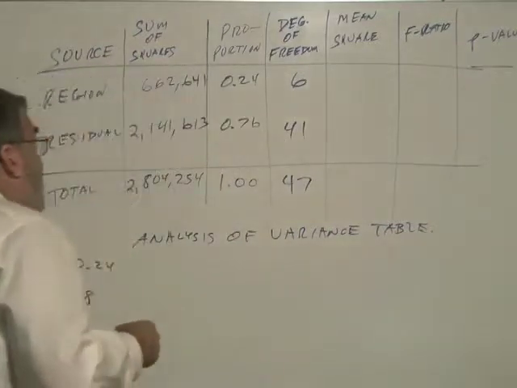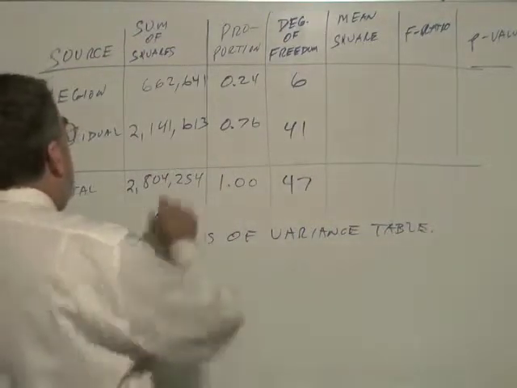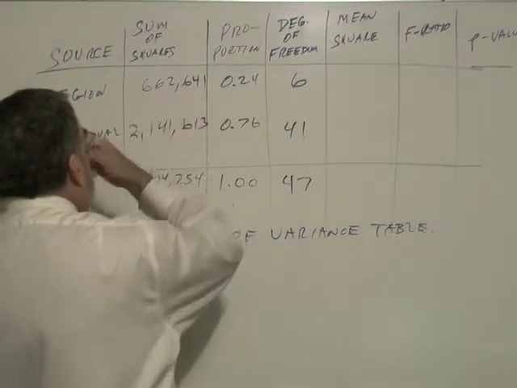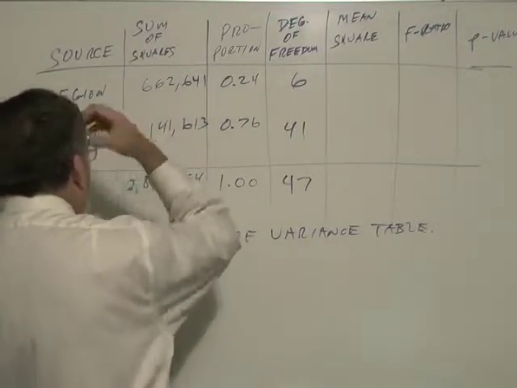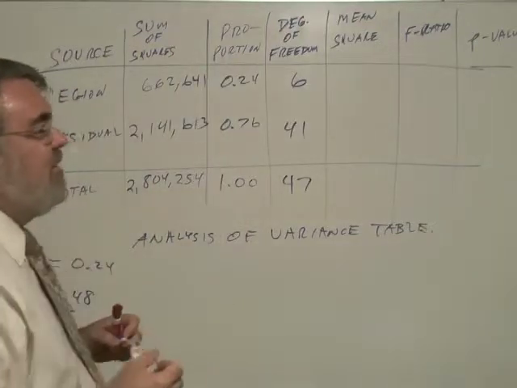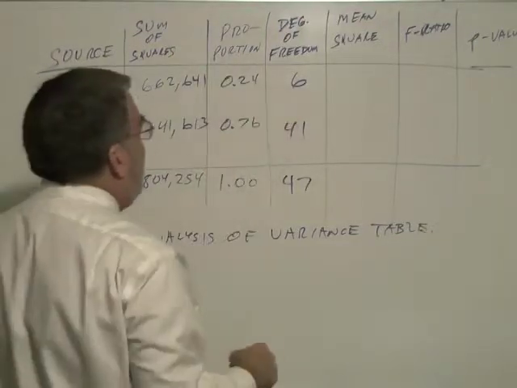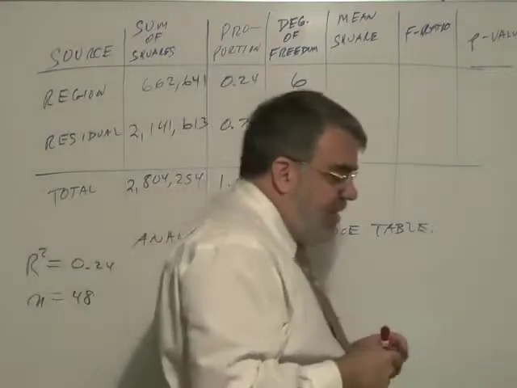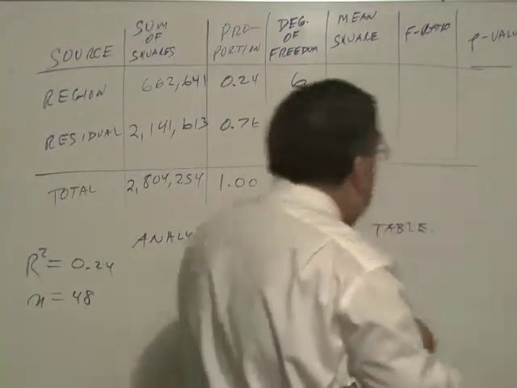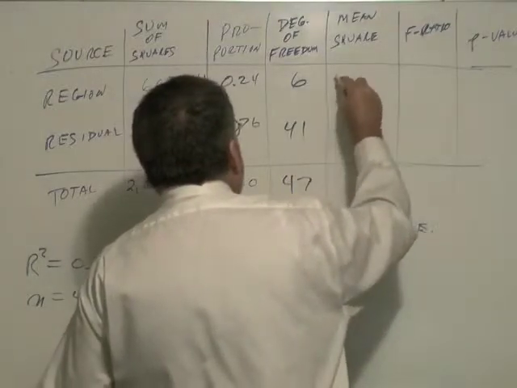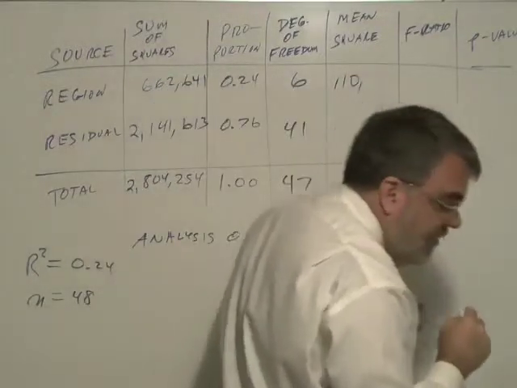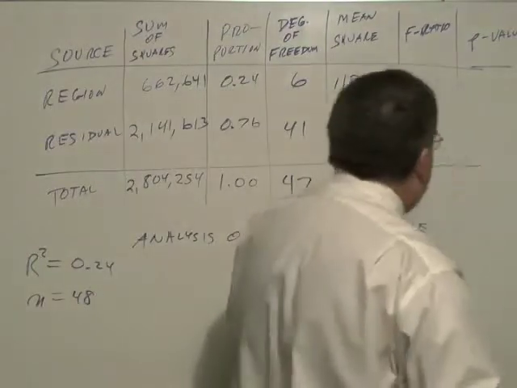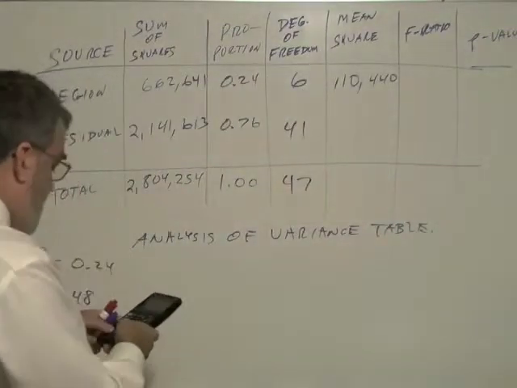So the mean square, we're going to take this number, the ISS, independent sum of squares number, and divide by its degrees of freedom. So 662,641 divided by 6, according to our book, is 110,440. So let me just double check that. I'm sure that's right on the nose.